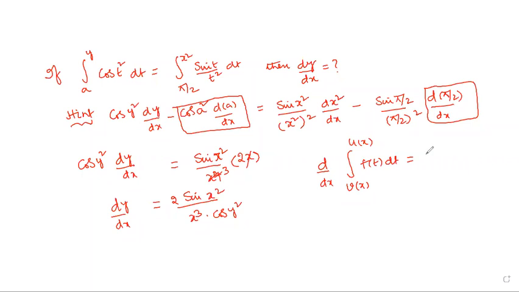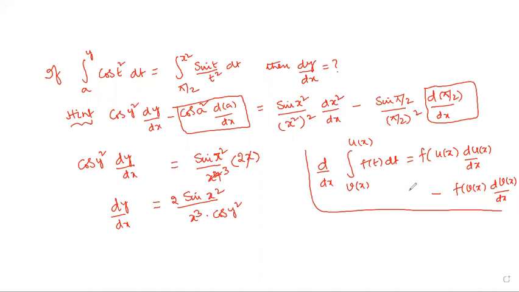First write down, in place of t, the upper limit u of x, times the derivative of u of x with respect to x, minus, for the lower limit, f of v of x, in place of t, times the derivative of v of x with respect to x. This is the sandwich theorem. By using this one, we are going to work out the problem. Is it clear, everyone? Right.